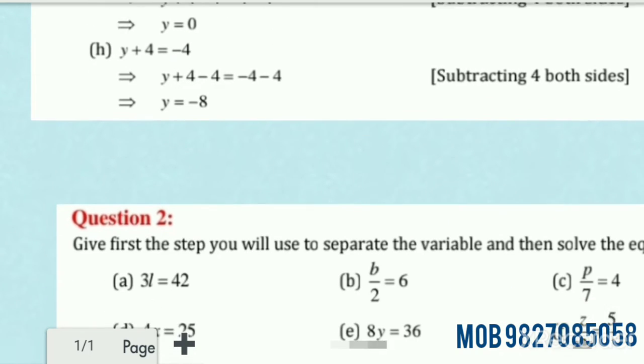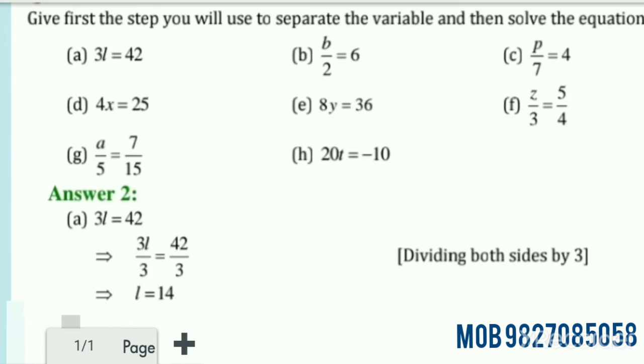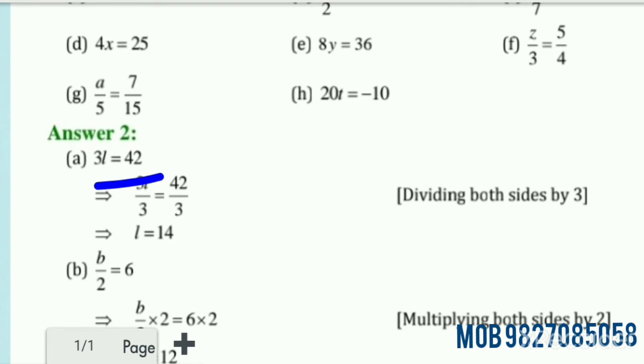Now question number 2 is the same as question number 1, but here the terms use multiply and divide. So we have to firstly remove the coefficient of the alphabets. Here question number 1 is 3l is equal to 48. We have to remove 3 from l.